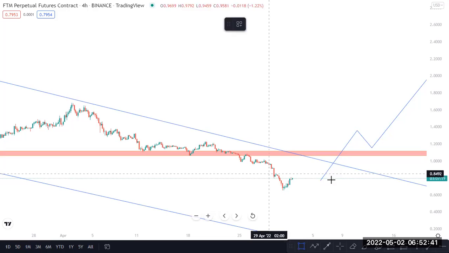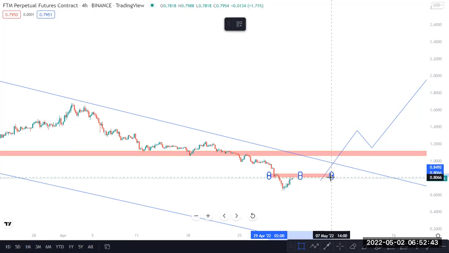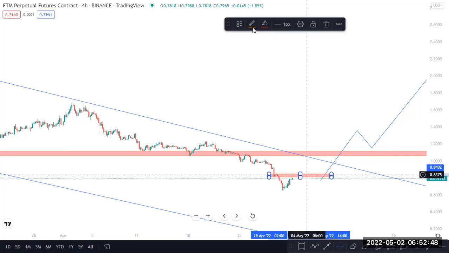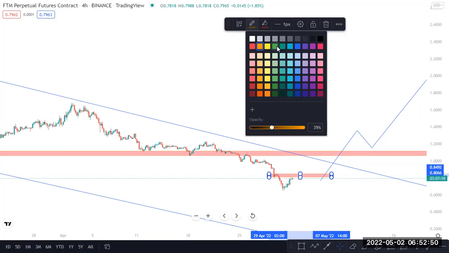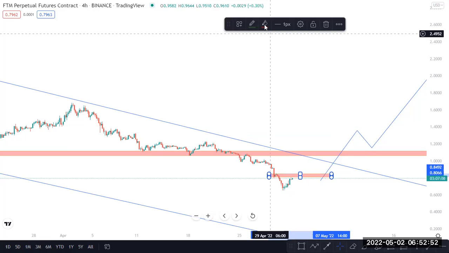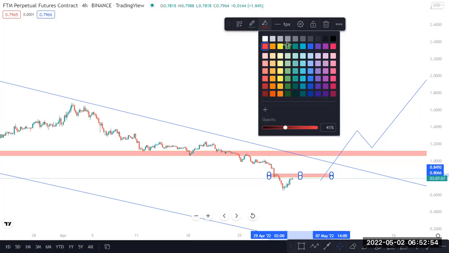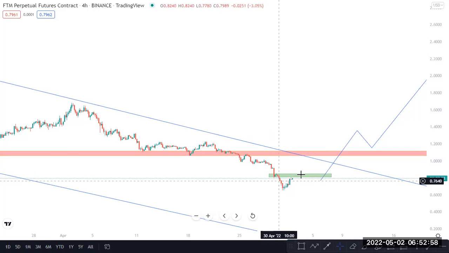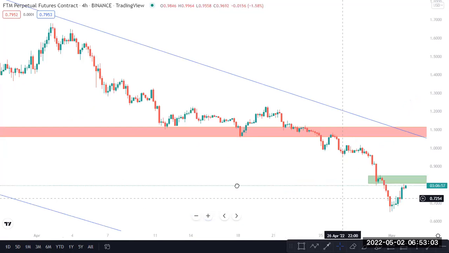What you want is to see how this coin responds to this supply zone.